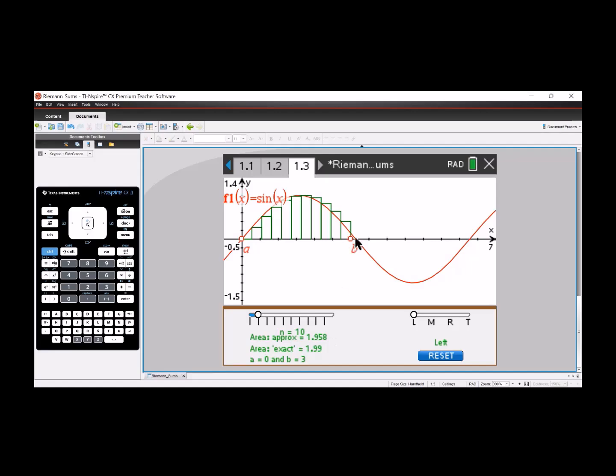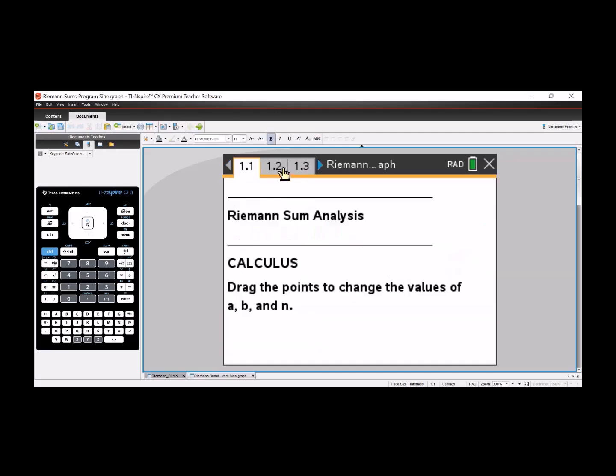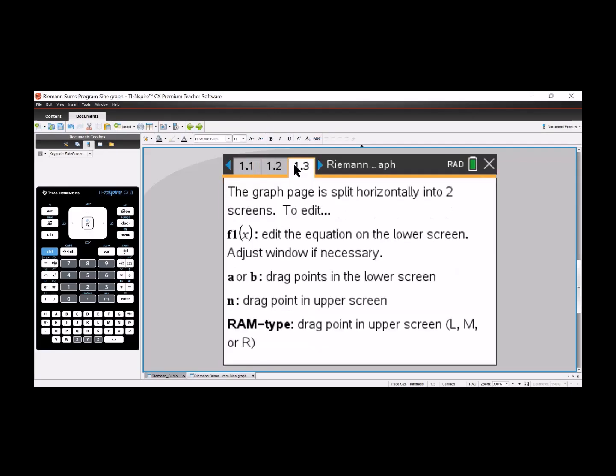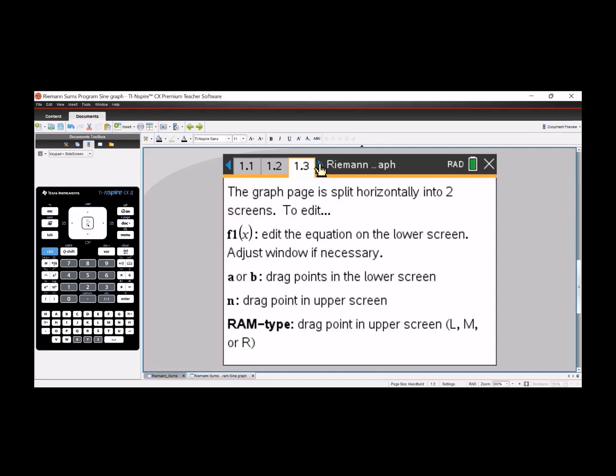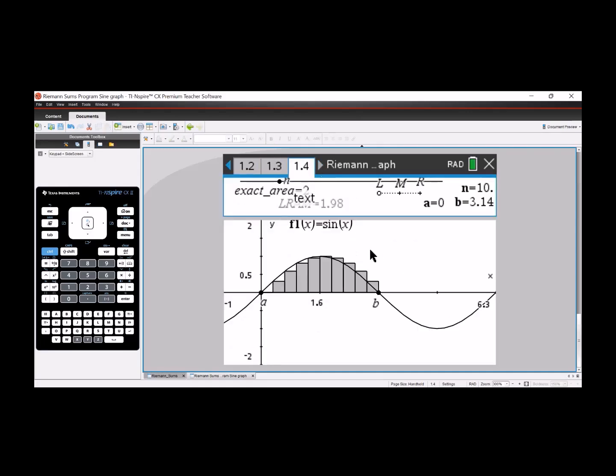Now, I'm going to open a document that you don't have, but hold that thought. So this one is set up to deal with trig functions. It's the same idea, it's just slightly different, but it's set up to deal with the sine, okay? And we've got a at 0, b is at 3.14, and we want n to be 10.